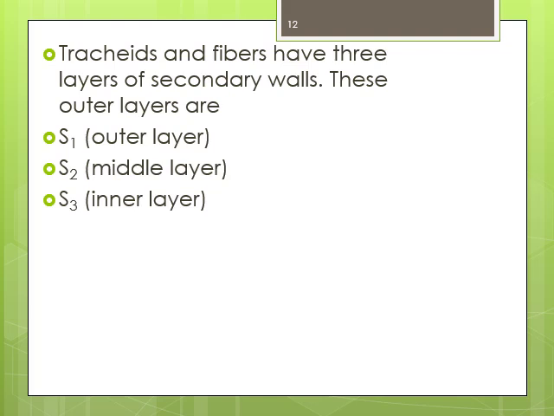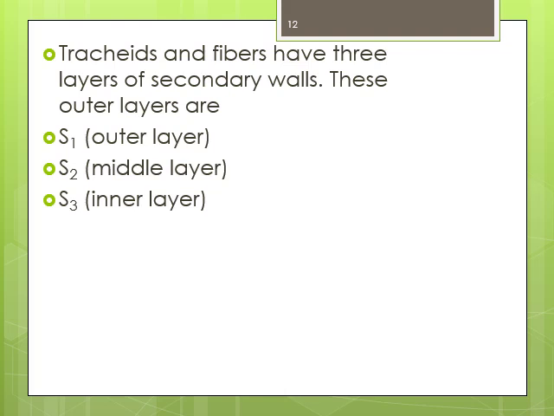Some cells have more than three layers. Among these layers, the middle layer, or S2 layer, is the thickest of all three. Later we will have a slide which clearly reveals the thickness of the middle layer, or S2 layer.